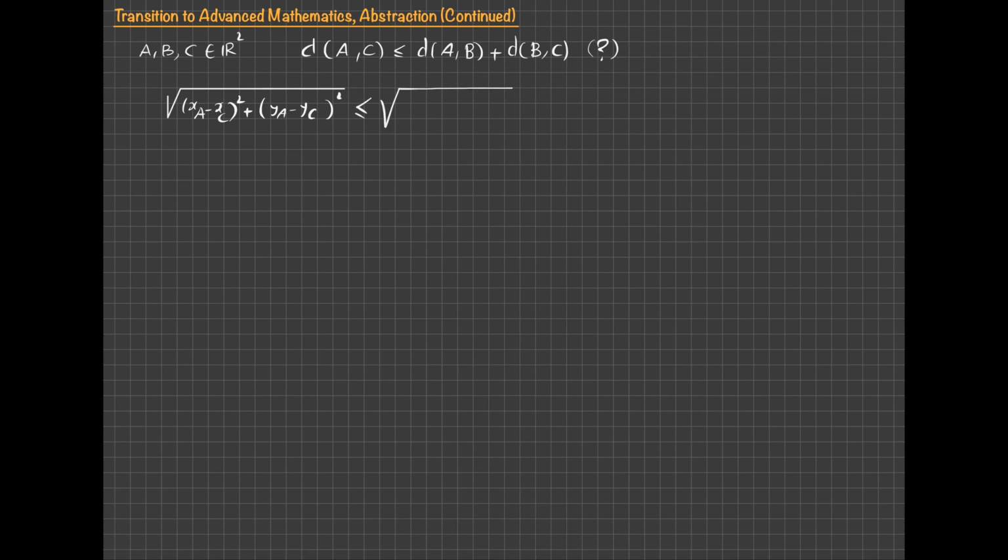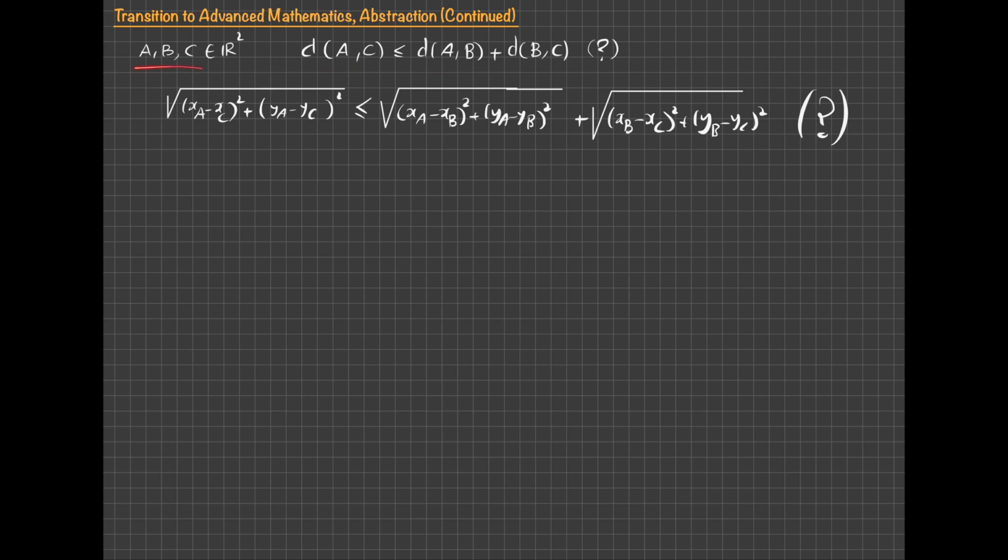I will do the same thing here: the square root of (x of a minus x of b) squared plus (y of a minus y of b) squared, plus the square root of (x sub b minus x sub c) squared plus (y sub b minus y sub c) squared. So I need to convince myself that this is true independent of which triple of points I choose in the plane.